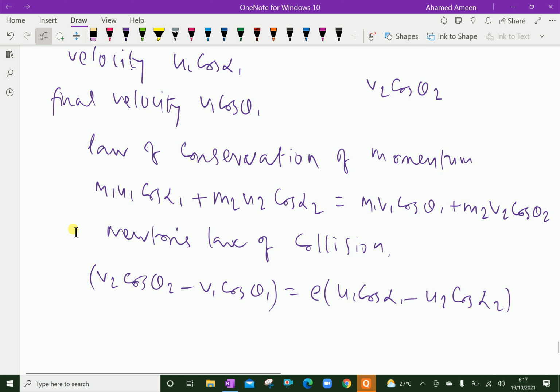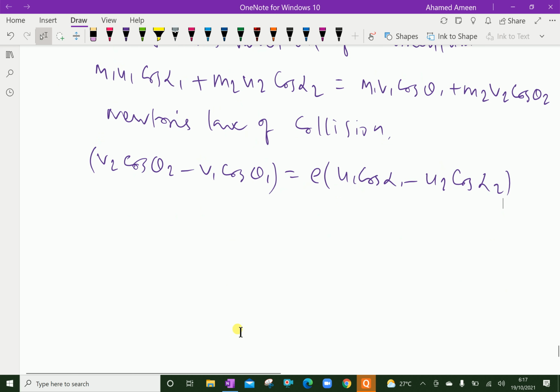By using these two expressions, we can solve the problems. Where e is the coefficient of restitution of the system.